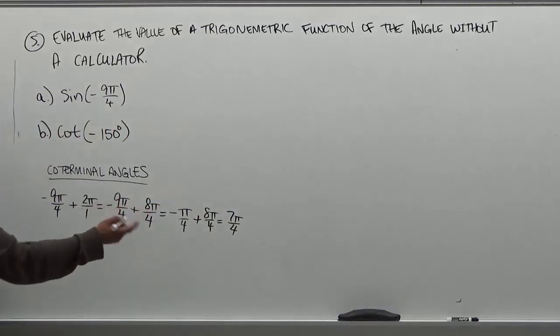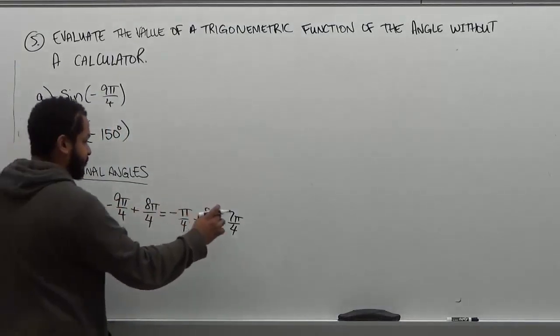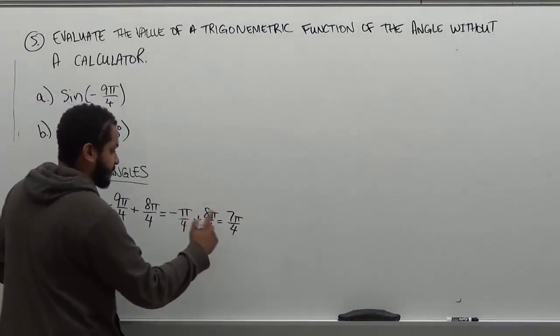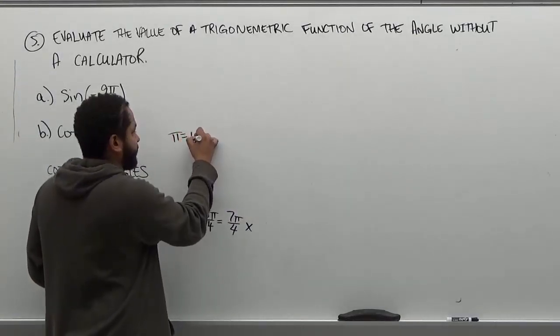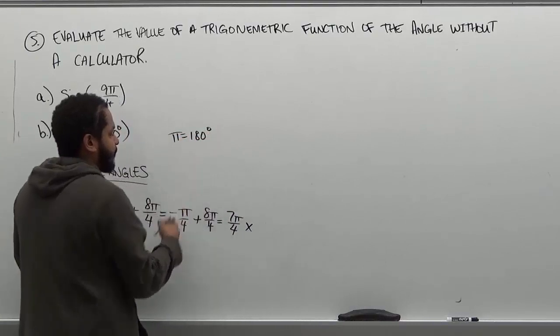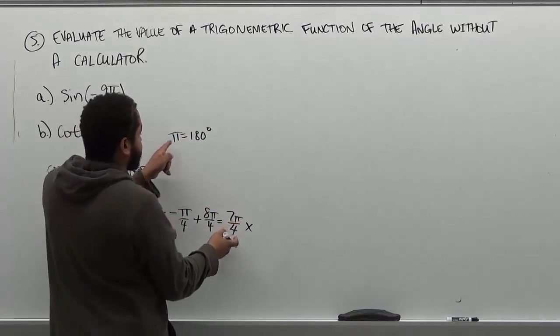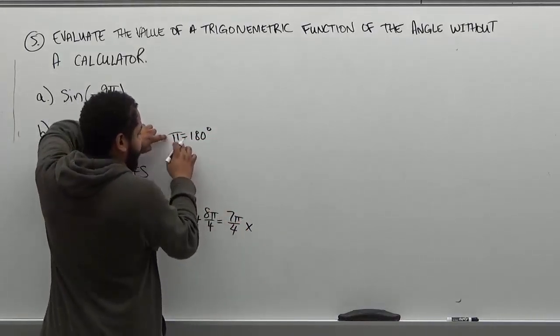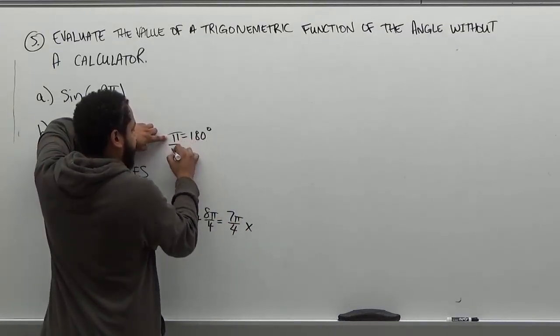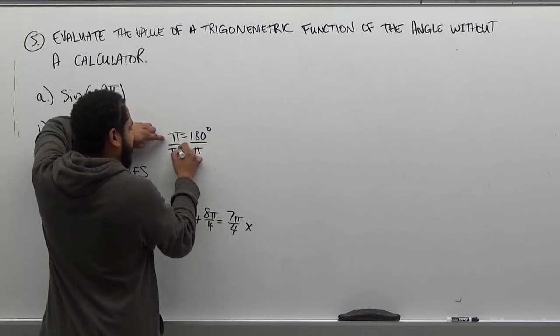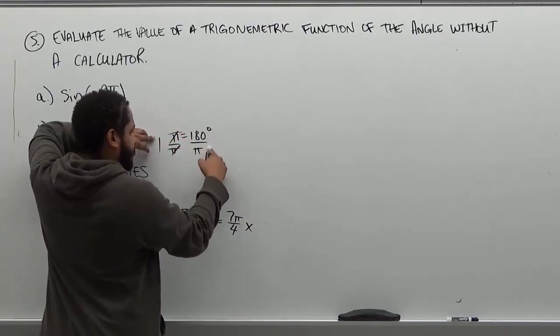So we're going to change this from radians to degrees, and to do that what we want to do is multiply because we know pi equals 180 degrees. We're going to change this to a fraction in which we're solving for the radian measure of an angle, and we're just dividing both sides by pi, and these go away and we have 1, and 1 equals 180 over pi.